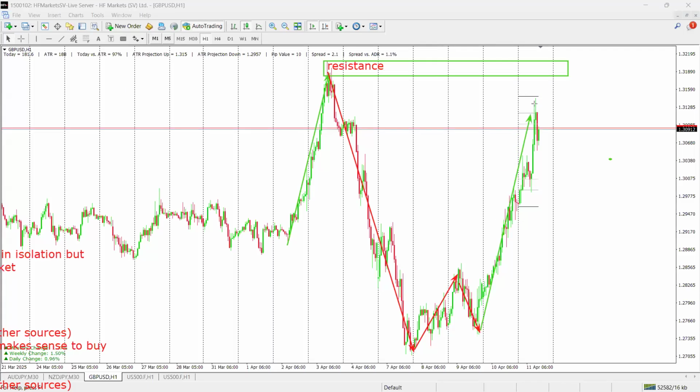And someone is already saying, if it gets here, market should run into that level of resistance and should also come down.